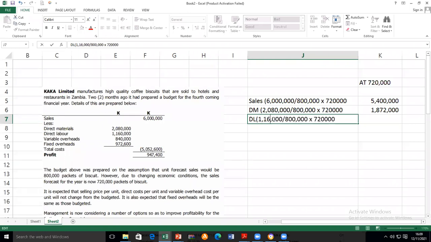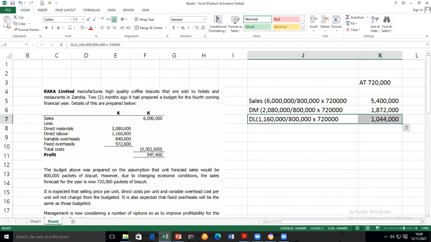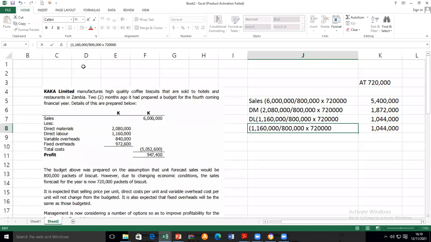Direct labor. This time around, 1,160. 1, 2, 3. Variable overhead. $840.